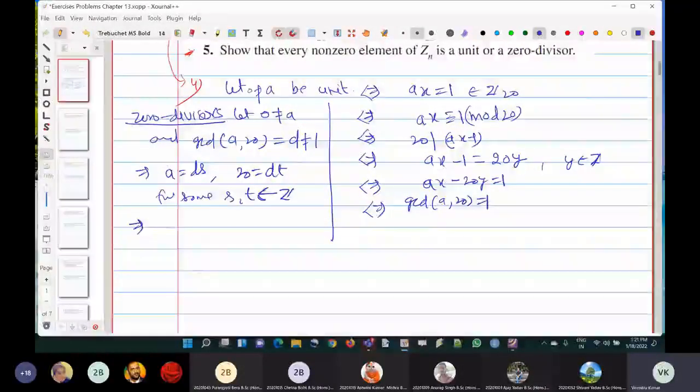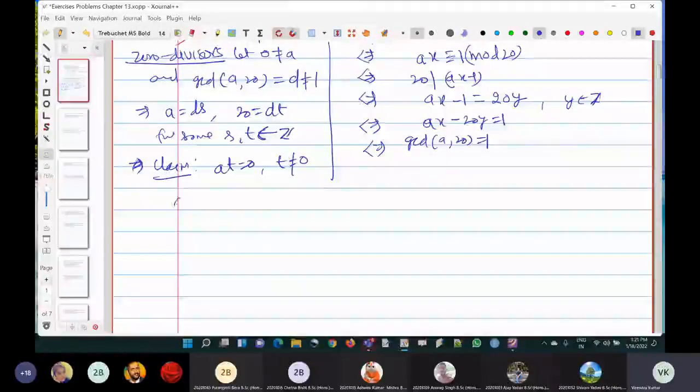Because we need to show that a is a zero divisor, we need to find some t with which the product of a gives 0, and that element should not be 0. So we claim that a times t equals 0 and t is not equal to 0. So a is non-zero and t is non-zero, but their product is 0. It means that a is a zero divisor.